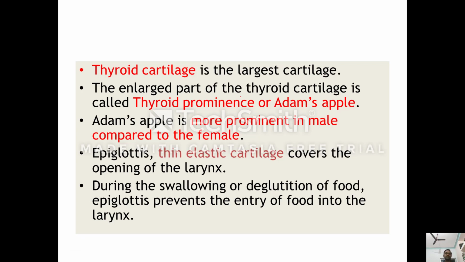Among these 9 cartilages, the thyroid cartilage is the largest one. The thyroid cartilage has a certain enlargement. If we see the side view, this enlargement is called the thyroid notch, or thyroid prominence, or Adam's apple.